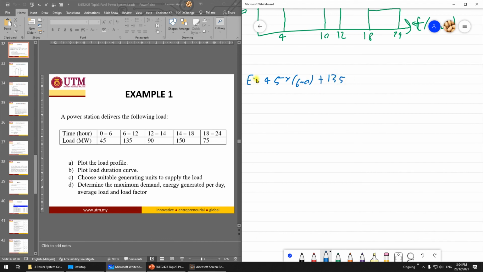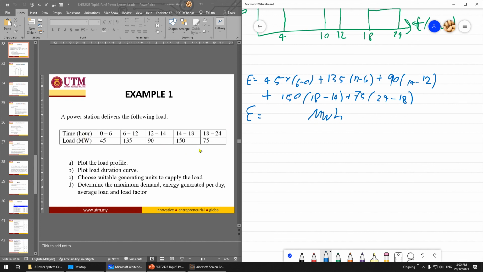So this is energy per day. 435 multiplied by 12 minus 6, the duration, plus 90 multiplied by 14 minus 12, and then plus 150 multiplied by 18 minus 14, and then plus 75 multiplied by 24 minus 18. So energy is equal to megawatt hour. So make sure of the unit you multiply.